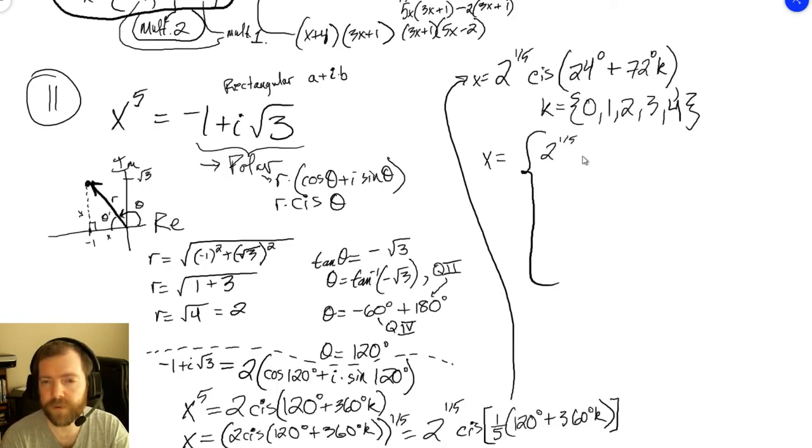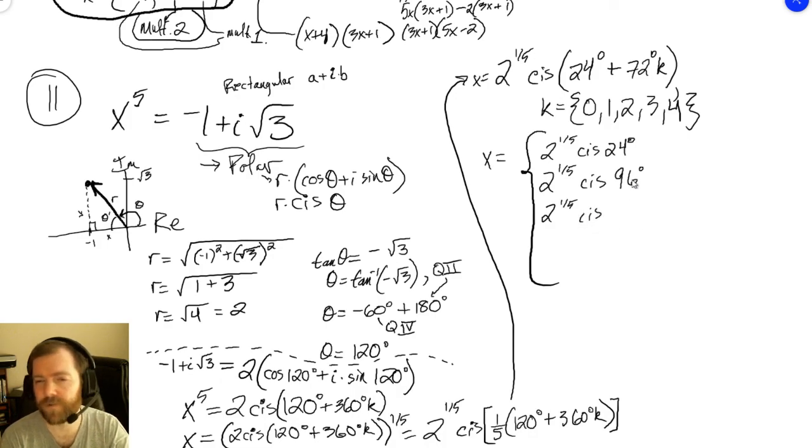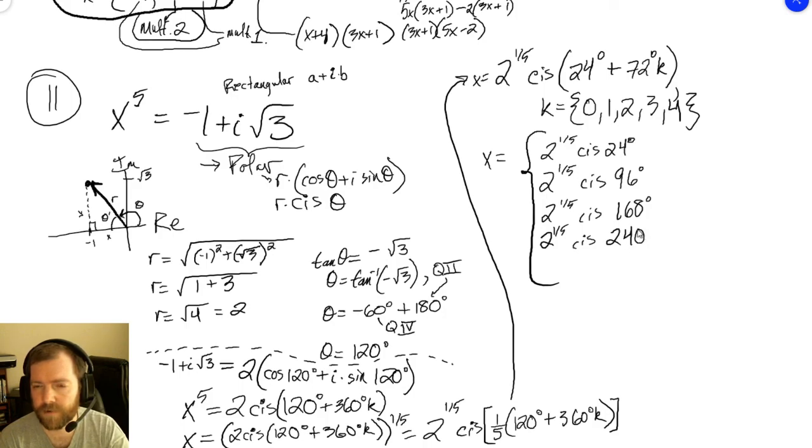So it's 2 to the 1/5 times the cis of 24 degrees. 2 to the 1/5 cis of 24 plus 72 is going to be 96 degrees. 2 to the 1/5 times cis of 96 plus 72 is 168. 2 to the 1/5 cis of 168 plus 72 is going to be 240 degrees. So one nice one at least. And 2 to the 1/5 times the cis of 240 plus 72 is going to be 312.